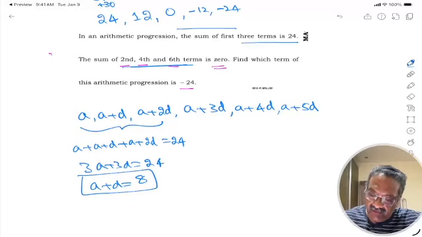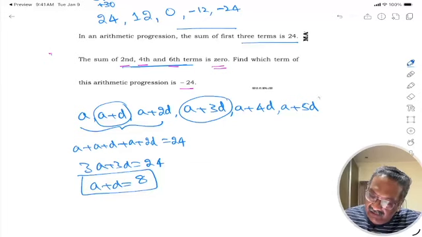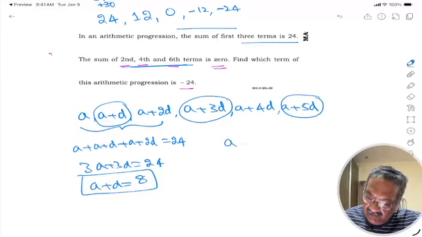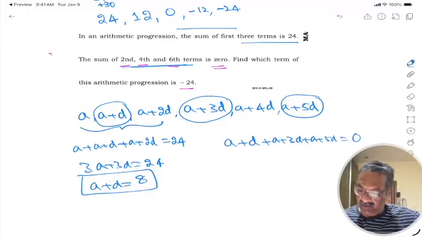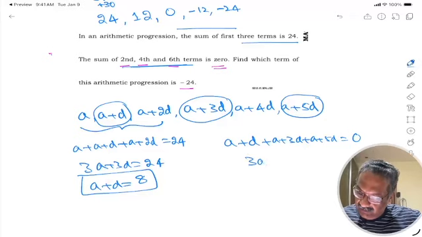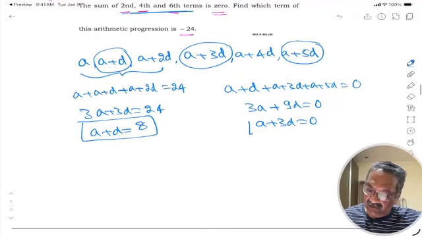We got this one equation. Another equation is the second term plus the fourth term plus the sixth term: a plus d plus a plus 3d plus a plus 5d is 0. So we got 3a plus 9d is 0, or a plus 3d is 0. So we got another equation.